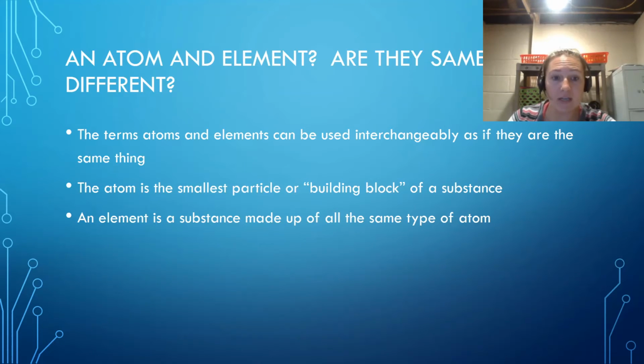An element is a substance made up of all the same type of atom. So, we have carbon on the periodic table, but if you're making an element, you're going to have more than just one atom of carbon. You may have 10 atoms of carbon. That's what turns it into an element. So they are still all atoms. Elements are just kind of like a group put together.